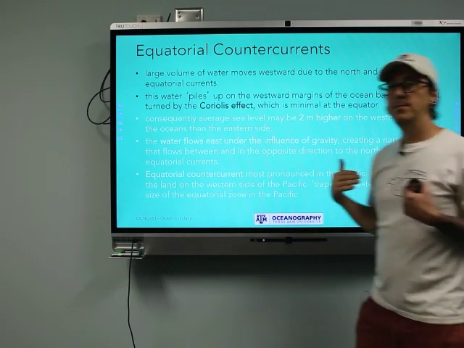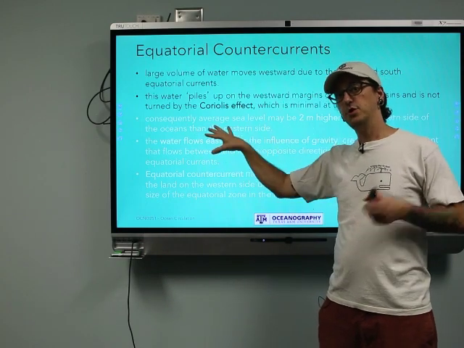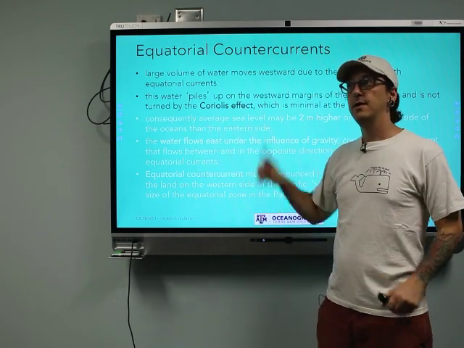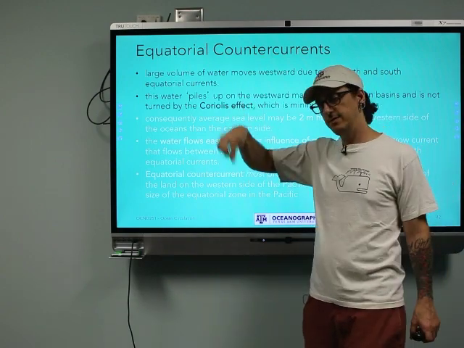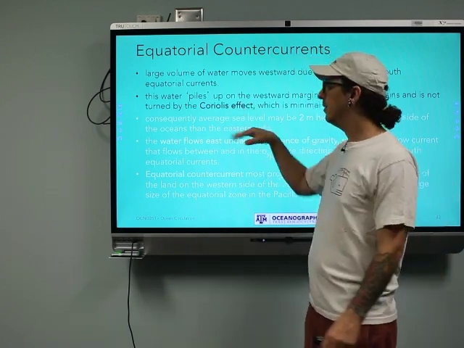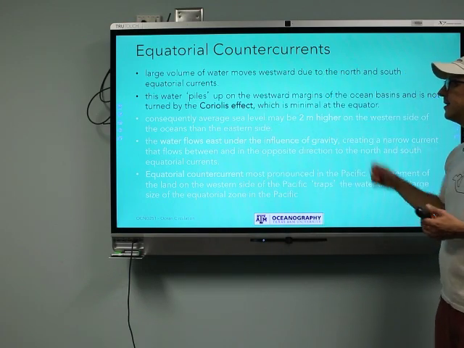And because there's no Coriolis effect at the equator, it doesn't get pushed off in one direction or the other. The stuff further north does, and that's what forms the bottom of the subtropical gyres, but the stuff closer to the equator does not.